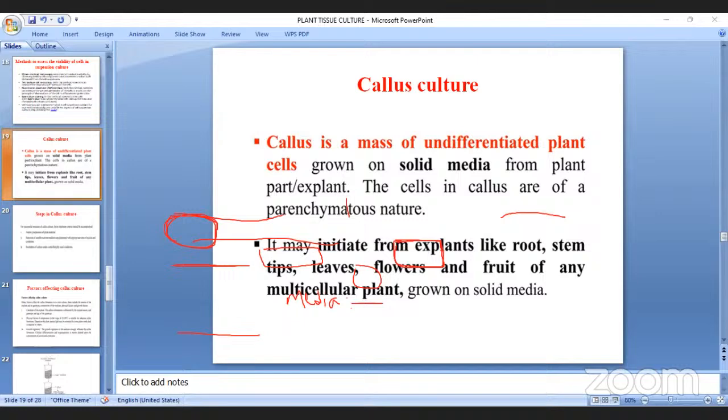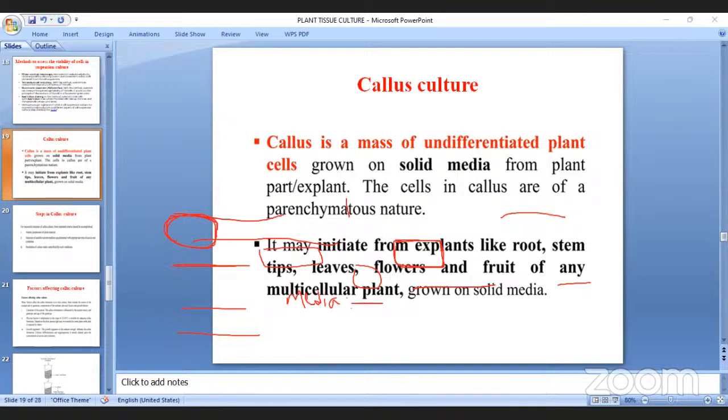Second one, light. Actually, the light may be utilized for some species, but some species need dark, without light. So that is based on the plant species. Light may be essential or dark may be essential. So that depends on species.